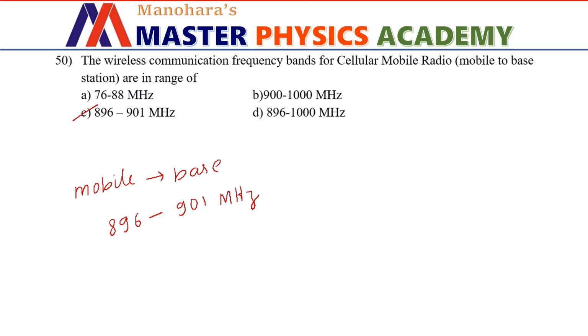But for the base station to mobile, the information is passed in the frequency range of 840 to 935 megahertz. Just for your knowledge sake, I am writing this. So the correct answer is option C here.